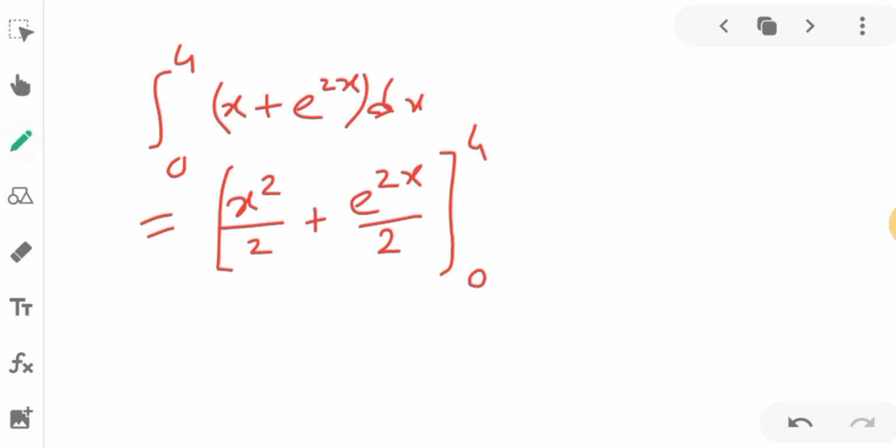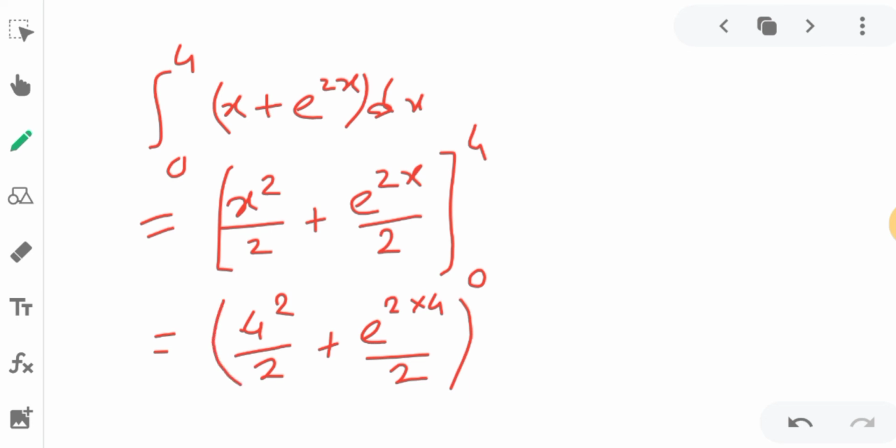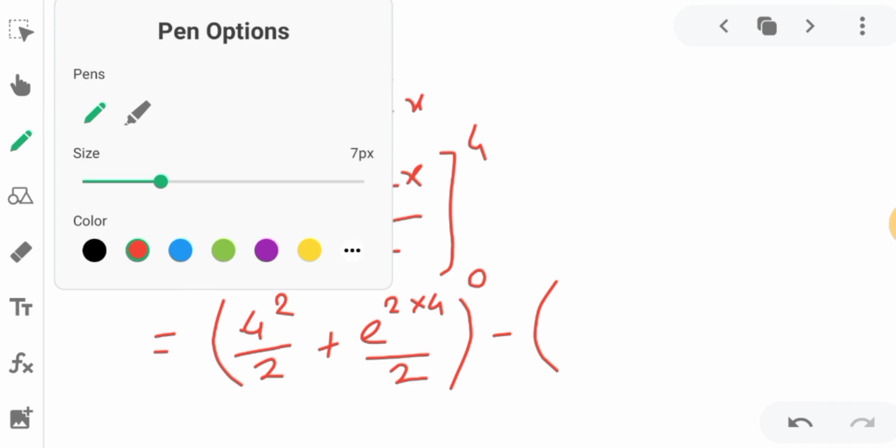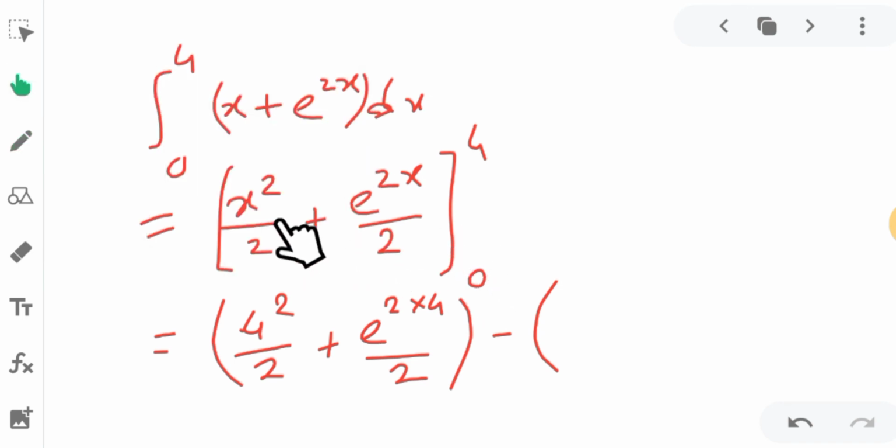So upper limit is 4, so I will put x value as 4: 4 square upon 2 plus e to the power 2 into 4 divided by 2. So this is the upper limit. I have two terms, so I will use a bracket, minus the lower limit. Lower limit means x value as 0.